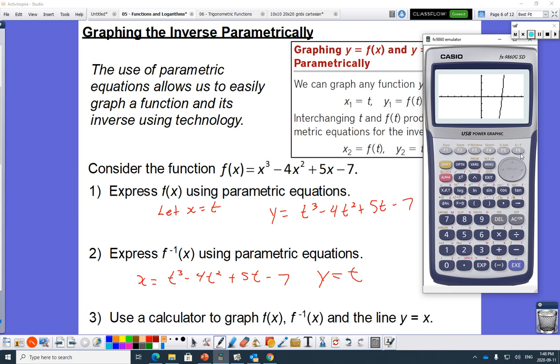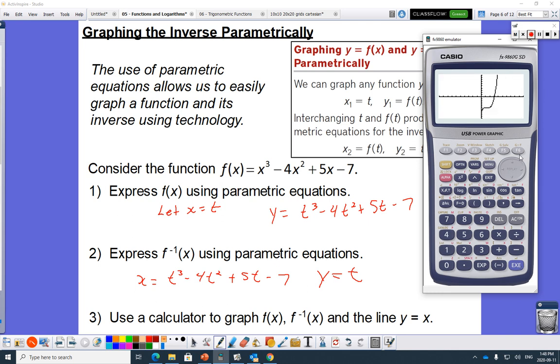So then my first move is always go zoom, auto. That didn't really help. Yeah? That wasn't much better. So I'm going to go to V-window, and I'm going to try negative 10 to 10. Negative 10 to 10. Exit. I'll try graphing that.